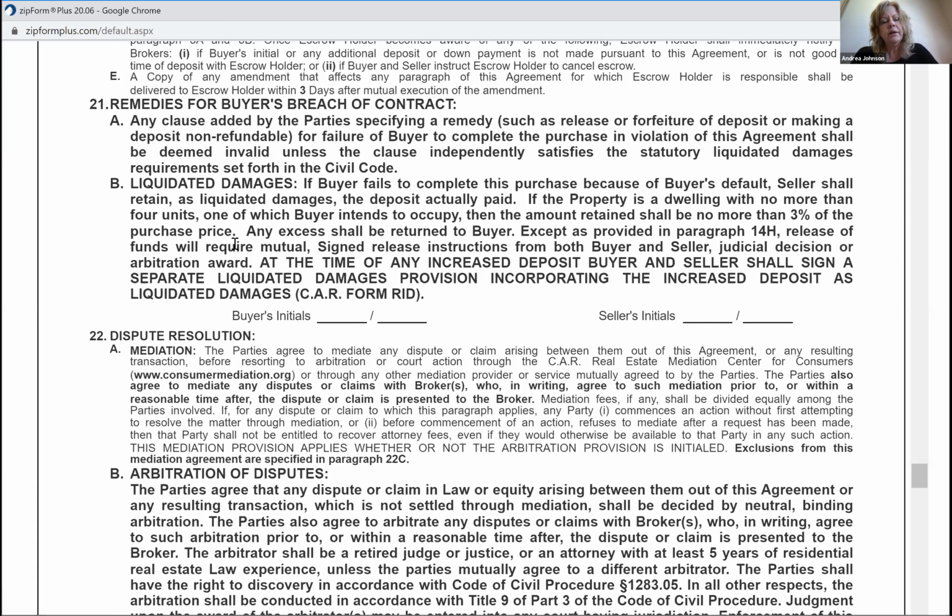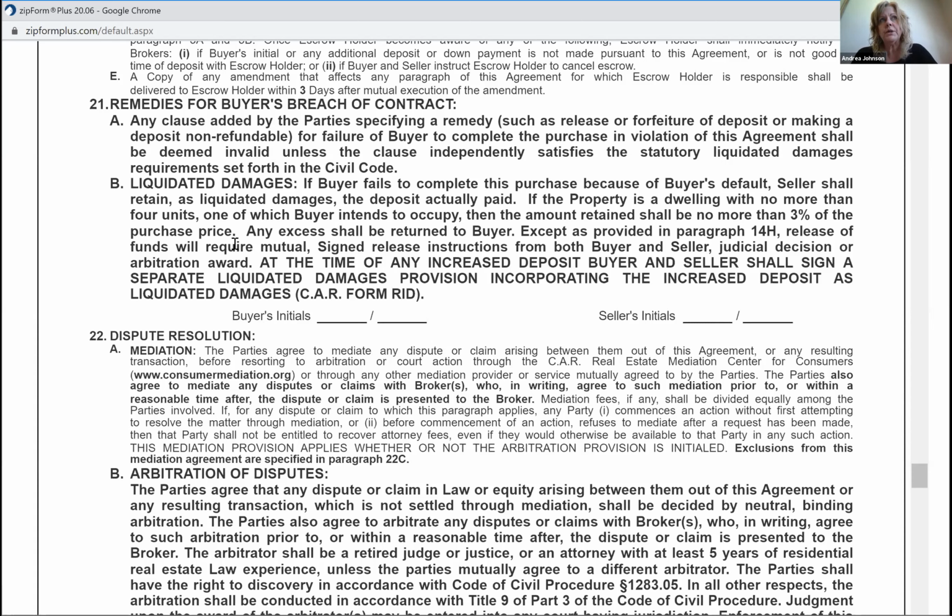Now, back to page 1, if you were doing any increased deposit, buyer and seller shall sign a separate liquidated damages provision incorporating the increased deposit as liquidated damages. That's CAR Form RID.